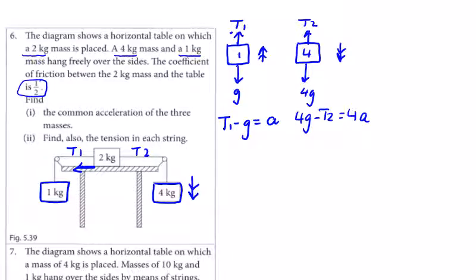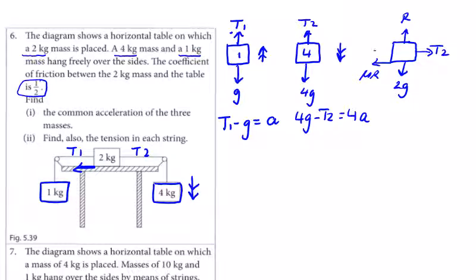And then we have our 2 kilogram block. So we have mg, 2g. We have my reaction R, we have mu R, and we have T2.